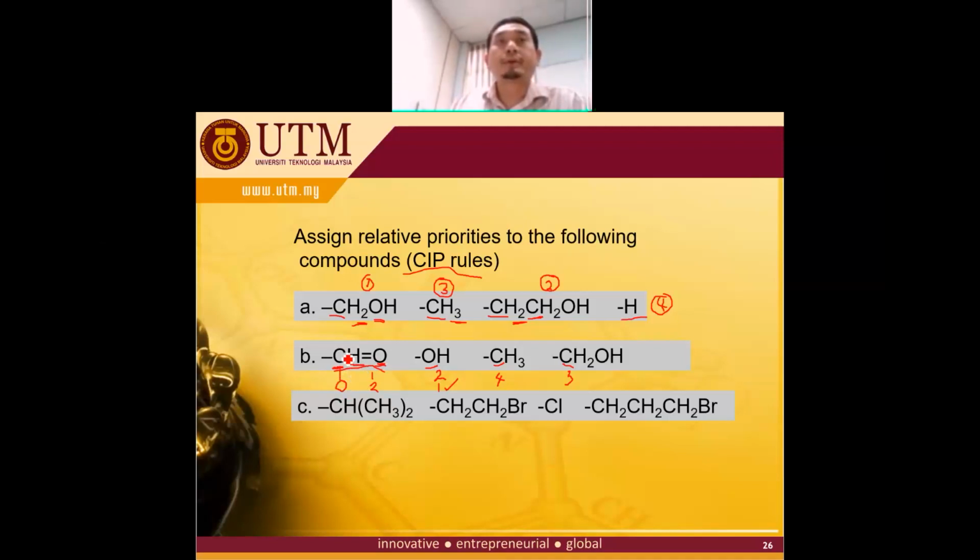So this carbon is bonded to two oxygen and one hydrogen. This carbon is bonded to three hydrogen. This carbon is bonded to one oxygen and two hydrogen.